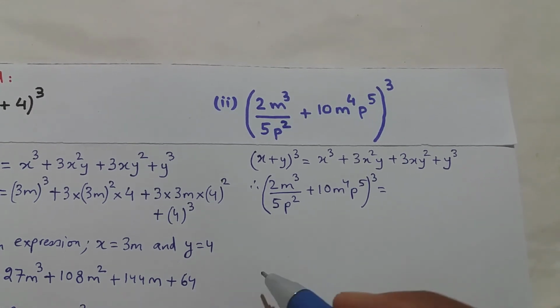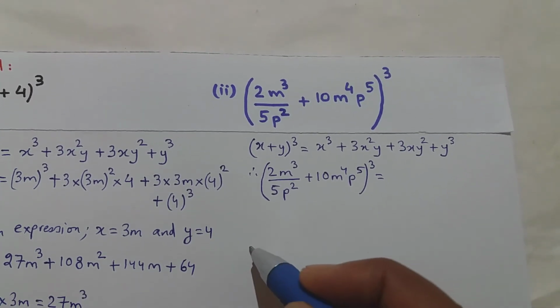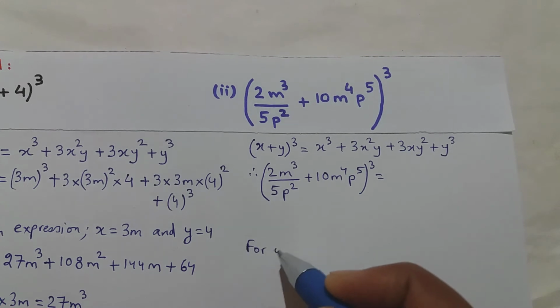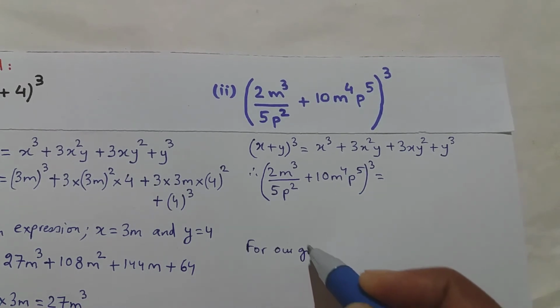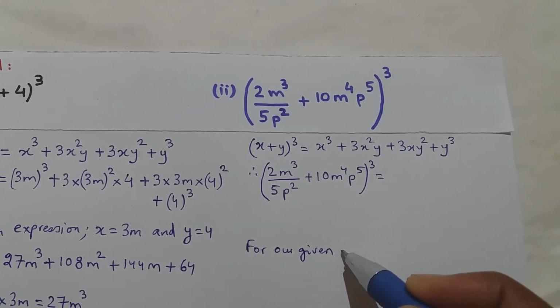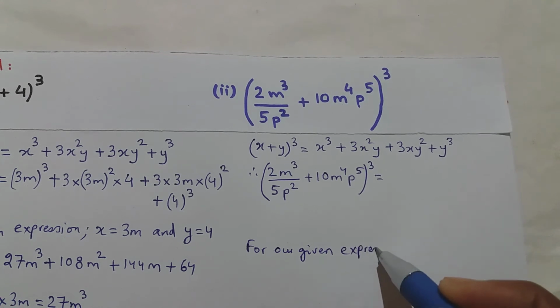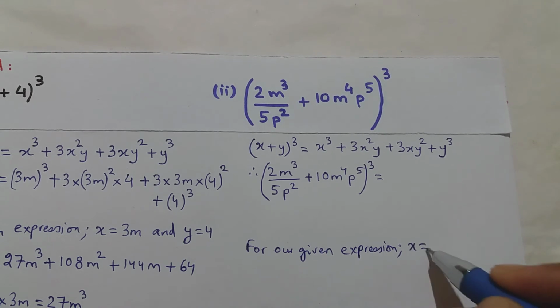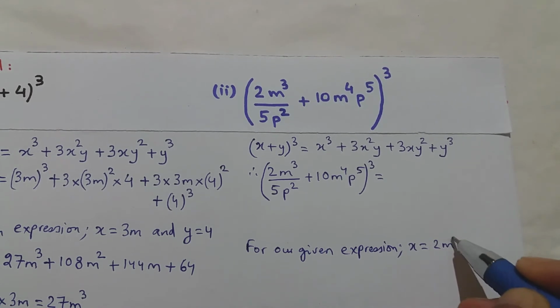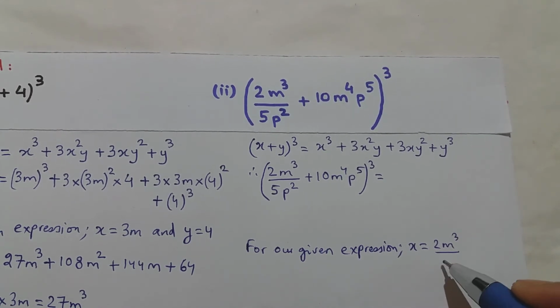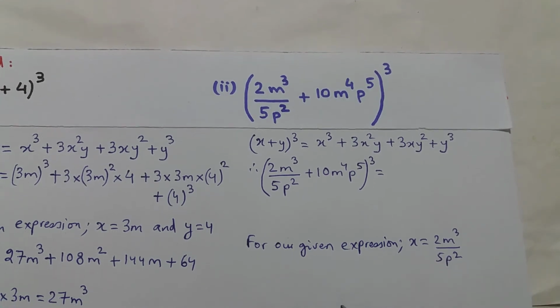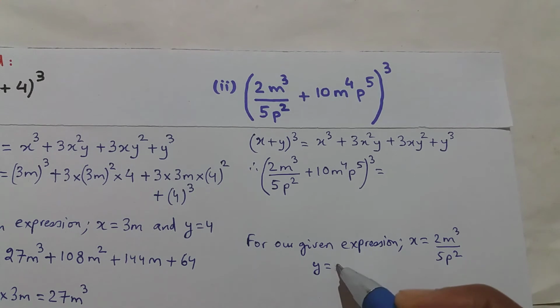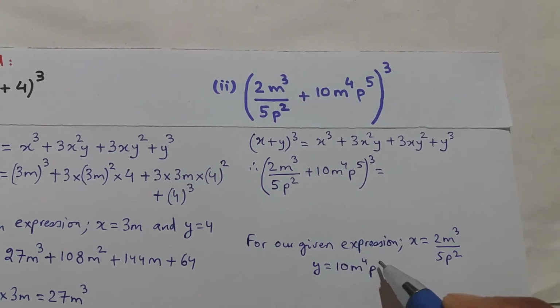So I will write it down. So for our given expression, x is 2m cube upon 5p square, and y is 10m to the power 4 p to the power 5.